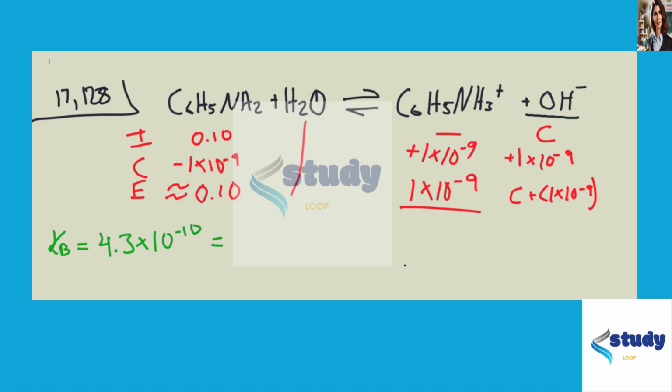Since this 1 times 10 to the minus 9 is a very small value, and we're adding it to C, we can afford to just eliminate it completely. And so we solve for C from this equation by multiplying by 0.1 and dividing by 1 times 10 to the minus 9. And we get C is equal to 4.3 times 10 to the minus 2.